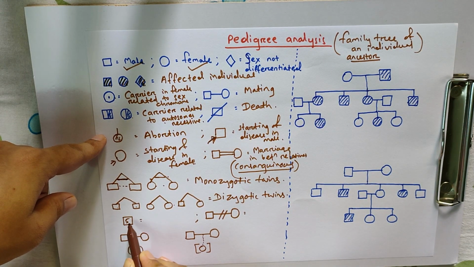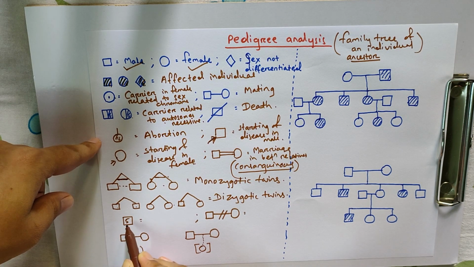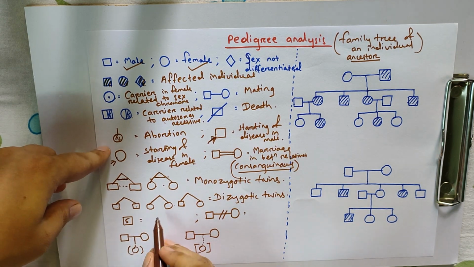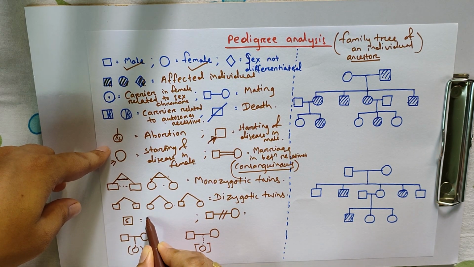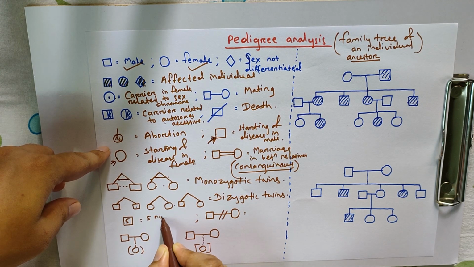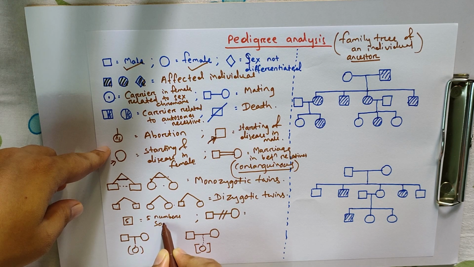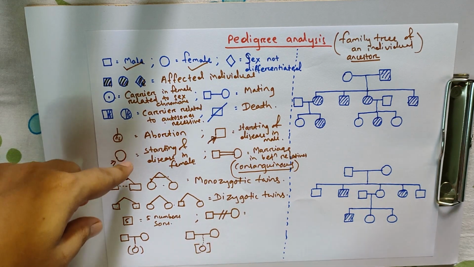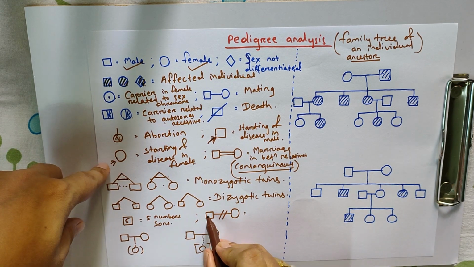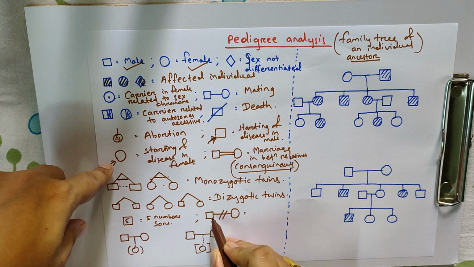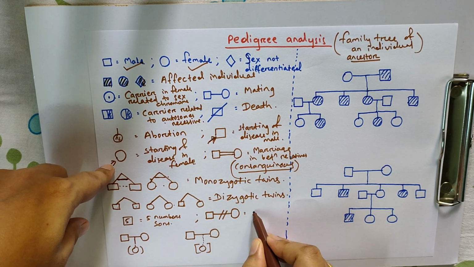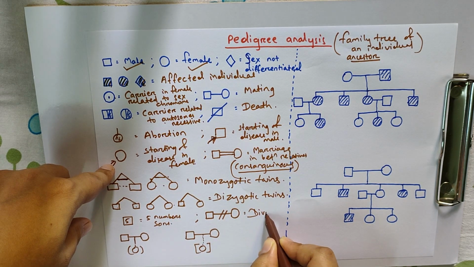This box with the number 5 determines five sons or males, and this arrow represents divorce.